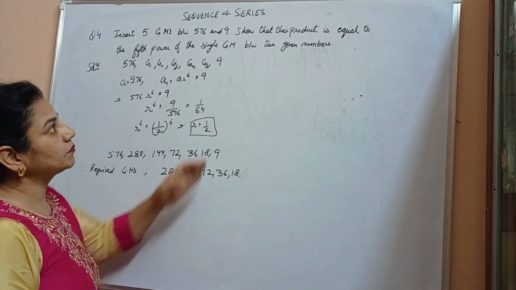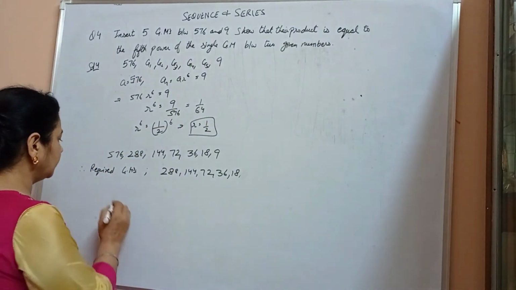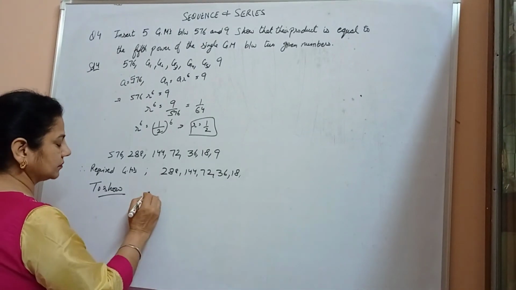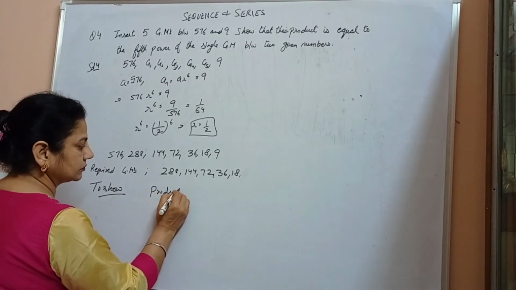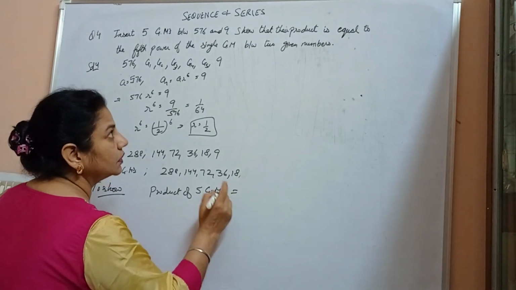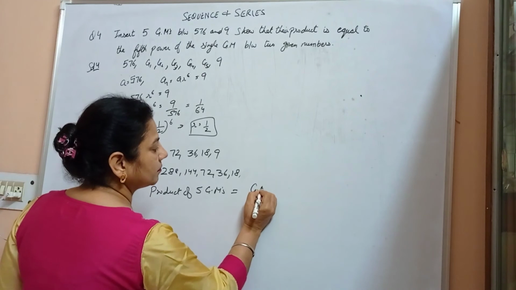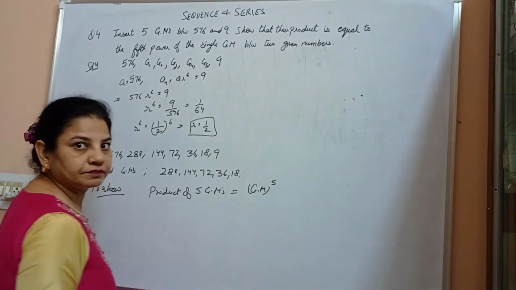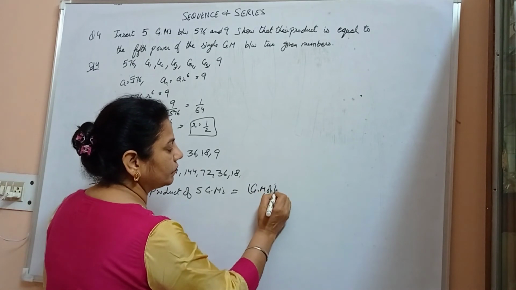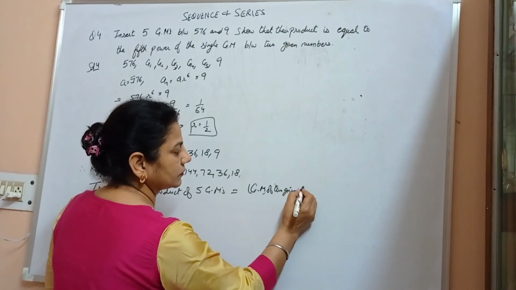Next, we have to show that their product is equal to the fifth power of the single geometric mean between the two numbers. That is, we have to show that the product of the 5 geometric means is equal to the geometric mean of the two given numbers to the power 5.